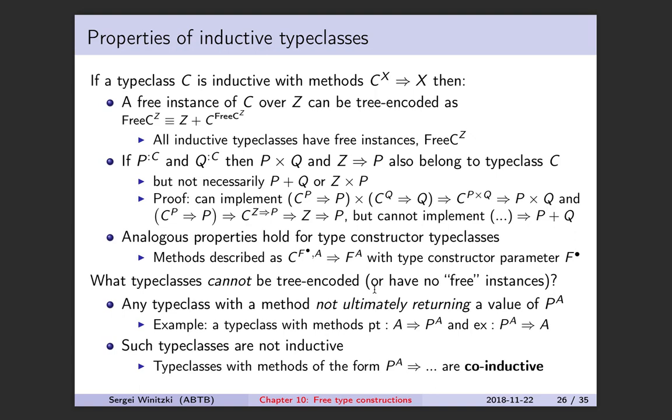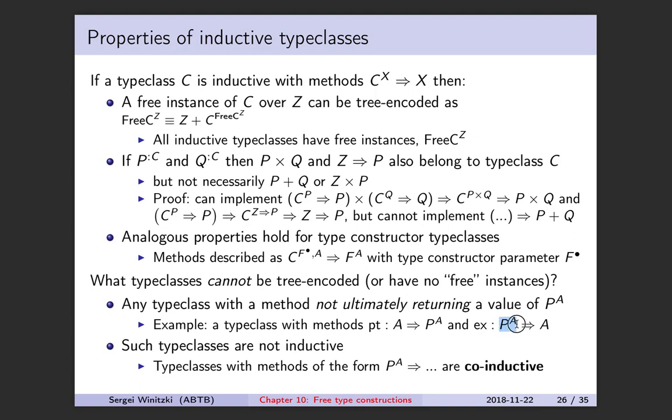Now, just to mention that if all methods of the type class have the opposite form, that it consumes a value of this type constructor and then gives you something like this. But if all methods are of this form, not just some, so this is still not good enough, because some methods do not consume values of this type constructor.